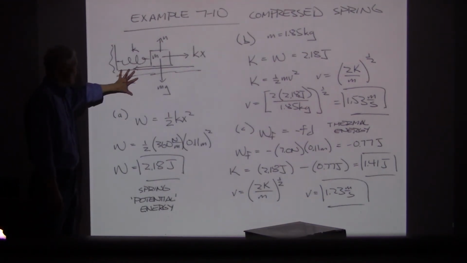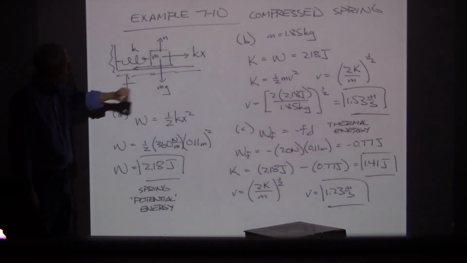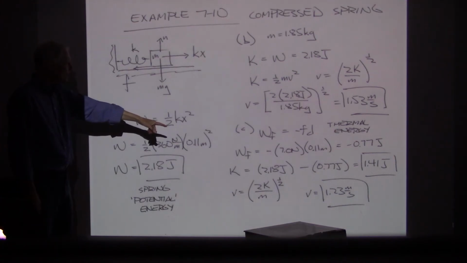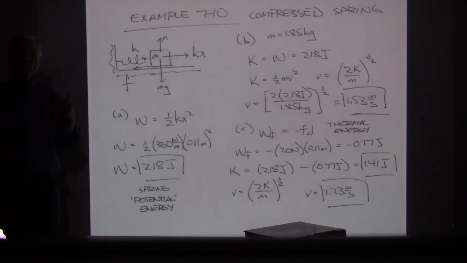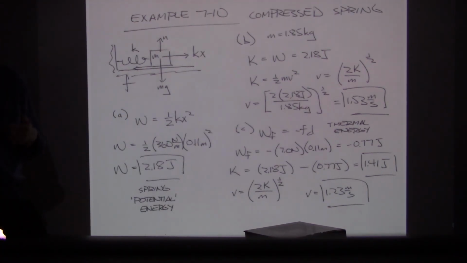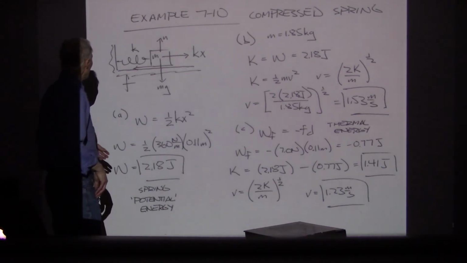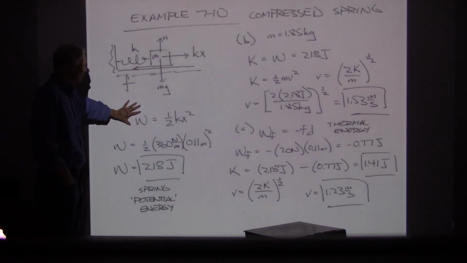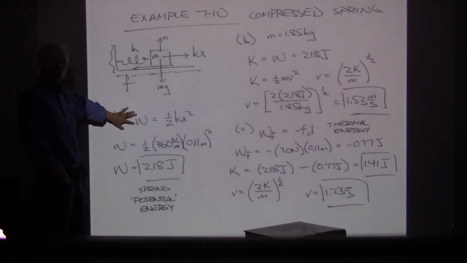Now in part A, and I think in A and B, there is no friction. In part C we come back and calculate it with a 7 Newton drag force, a resistive force. So here we go. When I compress the spring, I will store up energy.